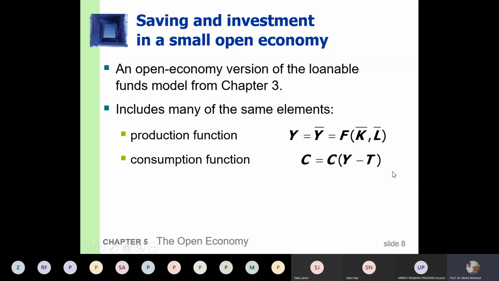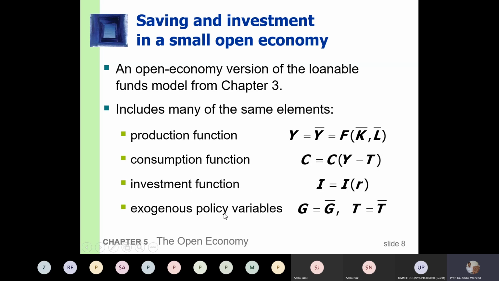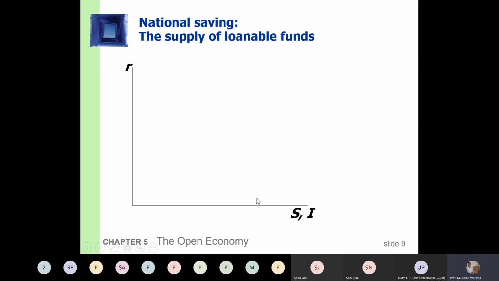Consumption is a function of disposable income, which is income minus tax. And investment is a function of the real interest rate. And government expenditure and taxes are exogenous. So this was our model. And then the supply of loanable funds, what is it?